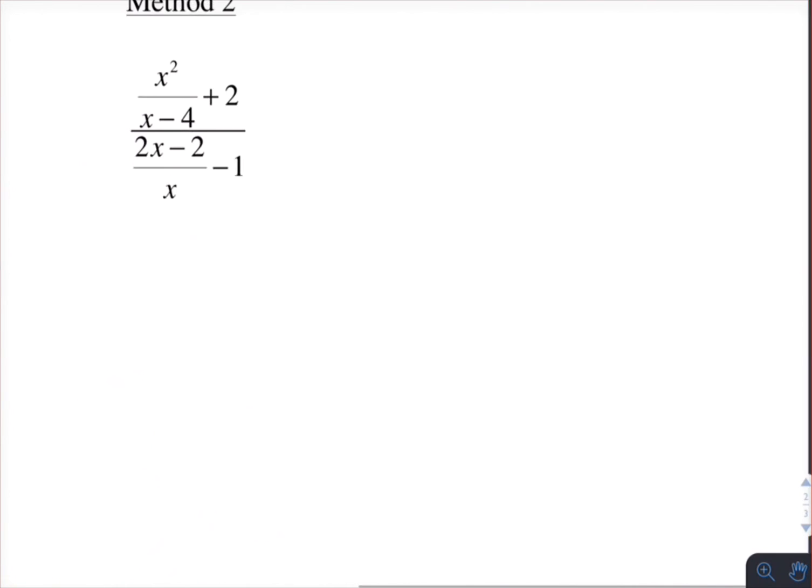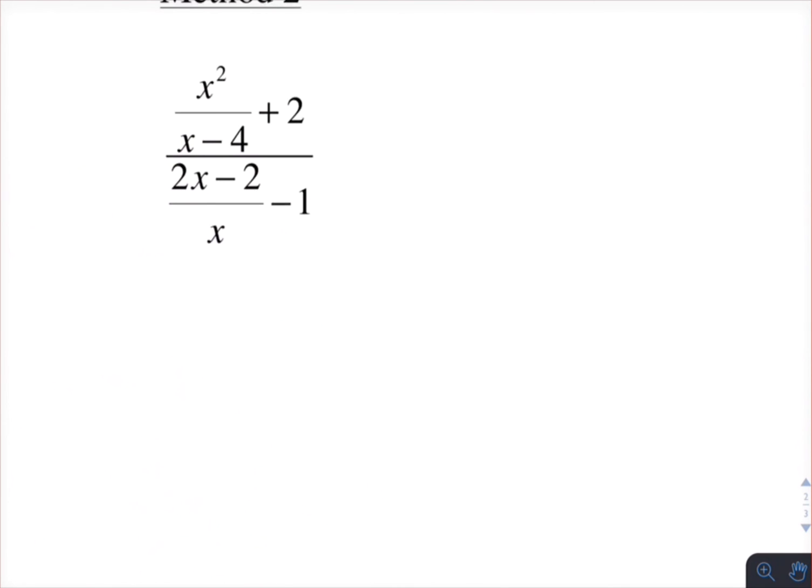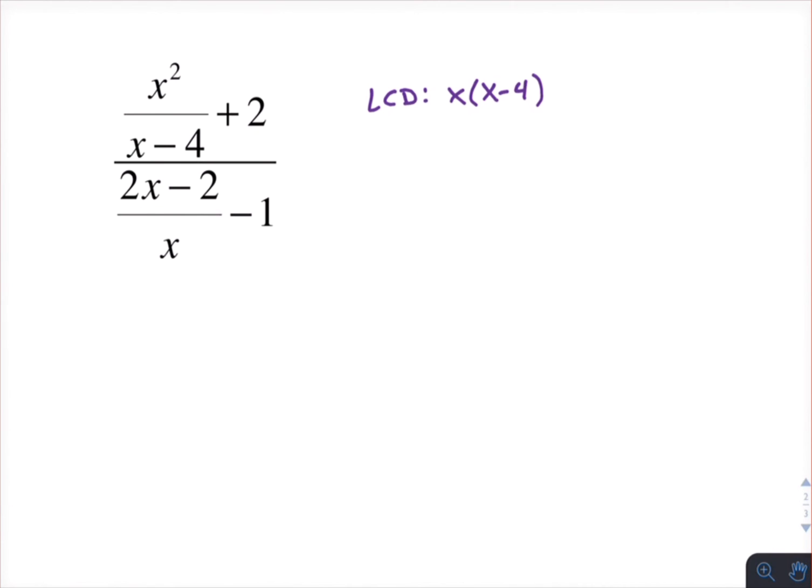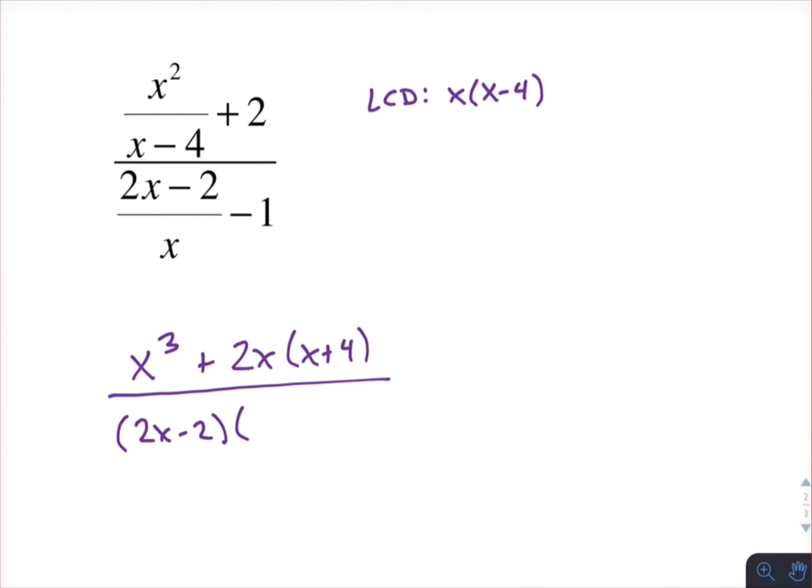We're going to do the same problem, only we're going to use method 2, which means find an LCD for all of them. So the LCD is x times x minus 4. So I get x cubed plus 2x times x plus 4, all over 2x minus 2 times x minus 4 minus x times x minus 4. And now I just got a lot of simplifying to do.